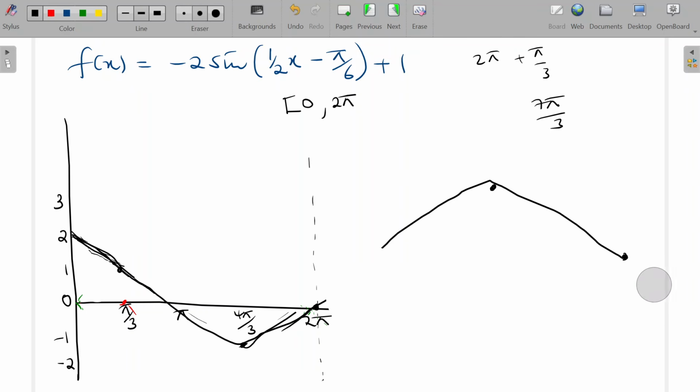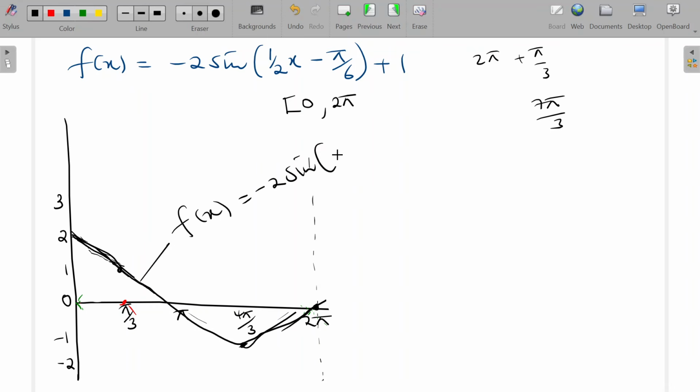As a result, my final answer is just going to be this, which is f of x is equals to -2 sine 1 over 2x minus pi over 6 plus 1. Are we together?